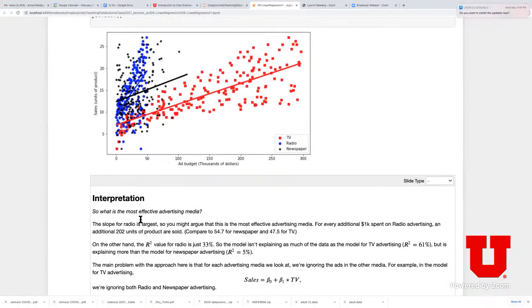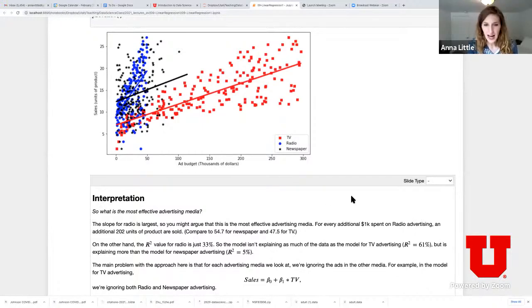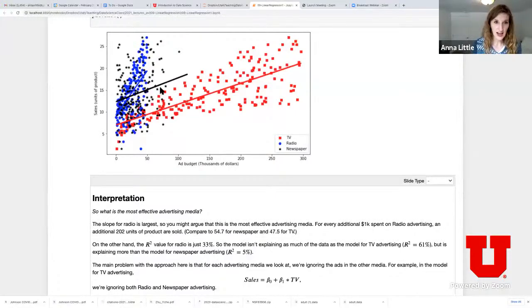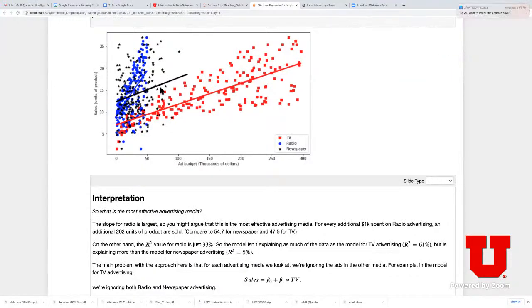I was gonna say it looks like you have a higher bias with newspaper, so that means that basically your whole graph is offset more. So how come that isn't a factor? Oh, so what do you mean by bias in that case? Bias is you mean your beta 1? Is beta 0 the intercept? Is that your bias?